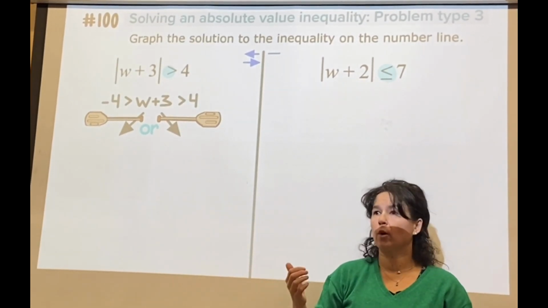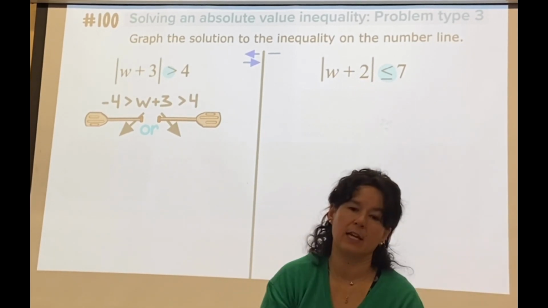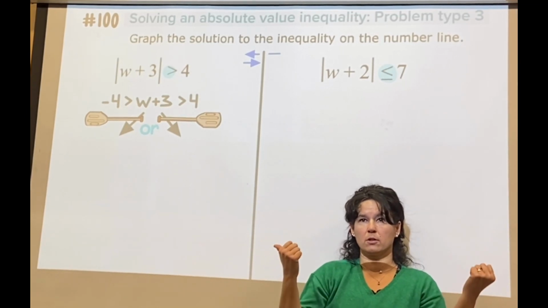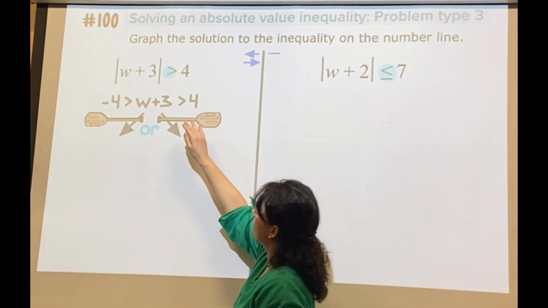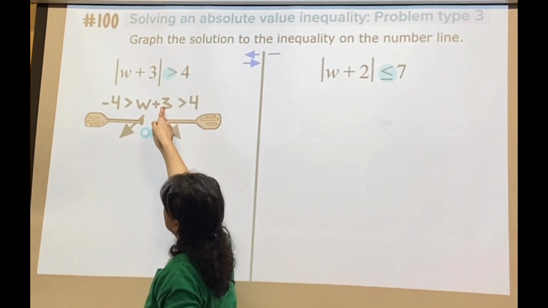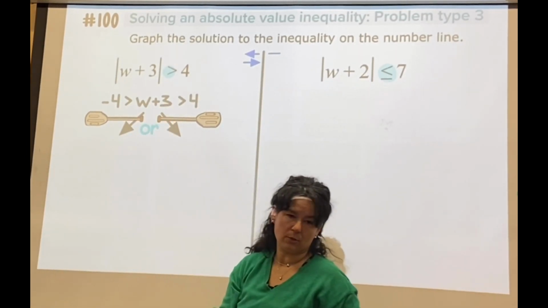Chances are, if it's an or problem, the graph is going to end up looking like paddles, like oars. Then I'm going to cover up this one and write negative 4 greater than W plus 3.